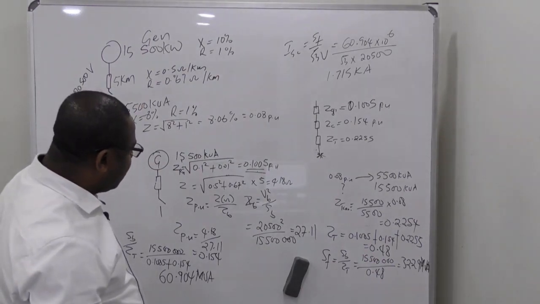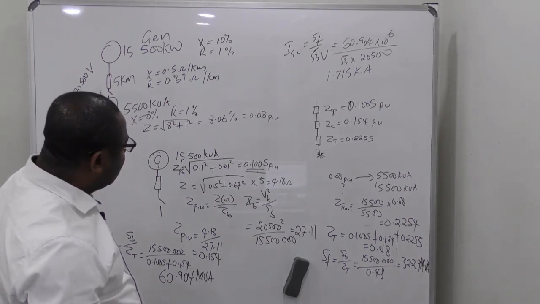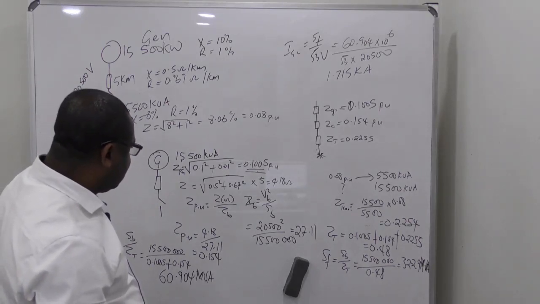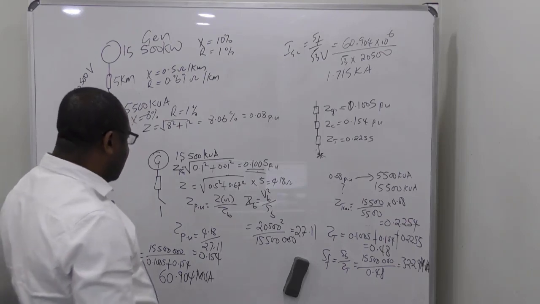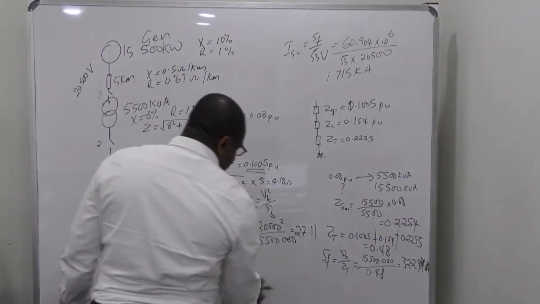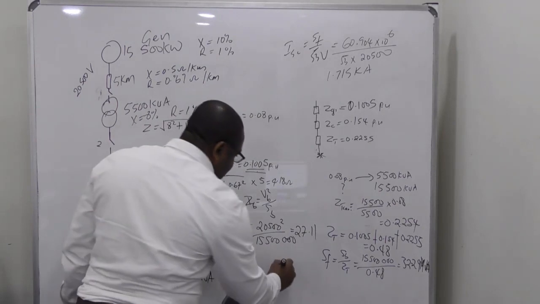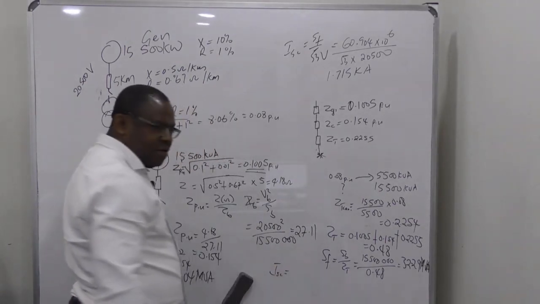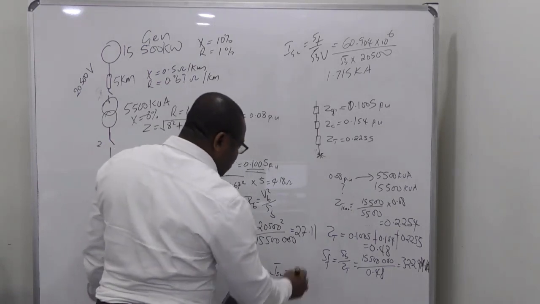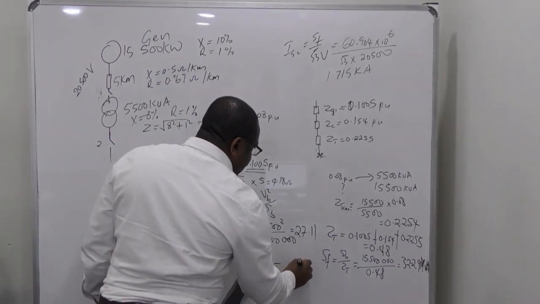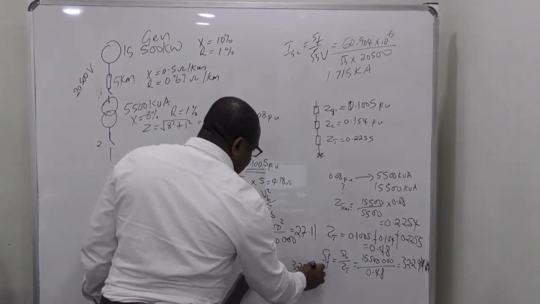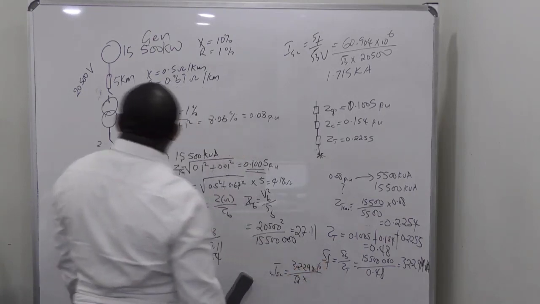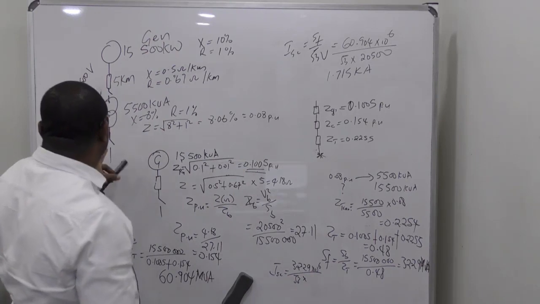I think that's all about that. The next thing: you can now calculate the fault current, I short circuit, in kiloamps, as 32.29 times 10 to the power 6 over root 3 times the voltage.